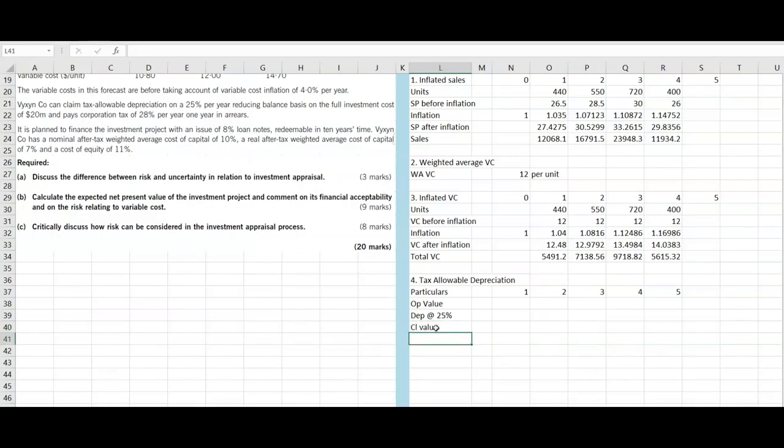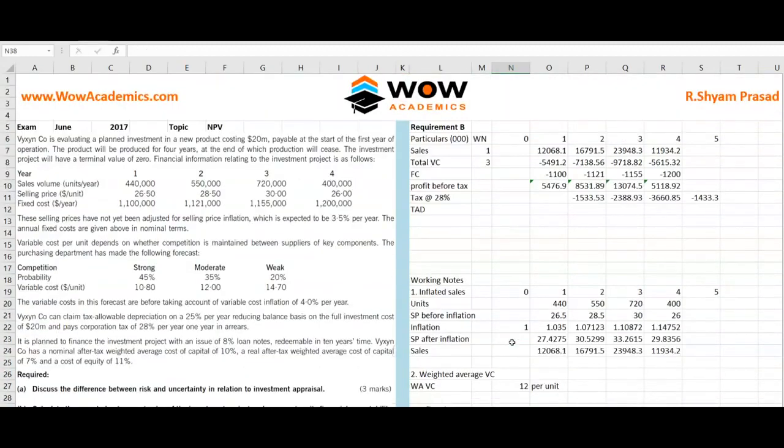Okay, and after getting the closing value, we have to get the tax allowable depreciation at 28%. So this is how we have set the table. So we'll start.